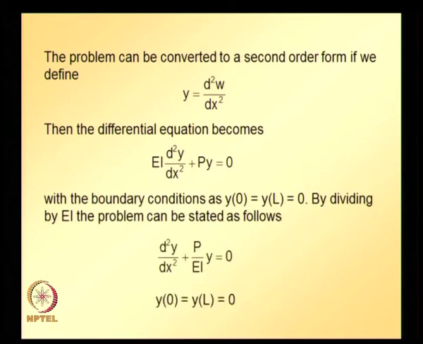We can write the problem statement in this manner: second derivative of y with respect to x square plus P over EI times y is equal to 0. That is the differential equation that needs to be satisfied between x equal to 0 and L, including x equal to 0 and x equal to L, and the boundary conditions are y evaluated at x equal to 0 and y evaluated at x equal to L is equal to 0.